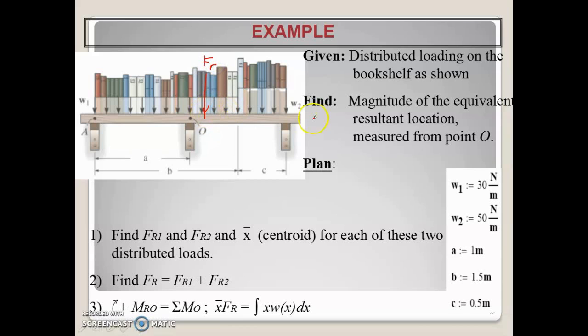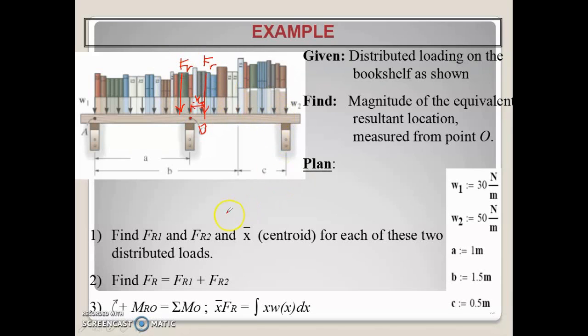So the question asks you to find the location of the resultant force from point O. Where is the location of the FR, or what is the distance X from the point O here? Maybe the force resultant is here or here. We don't know, so we need to calculate.